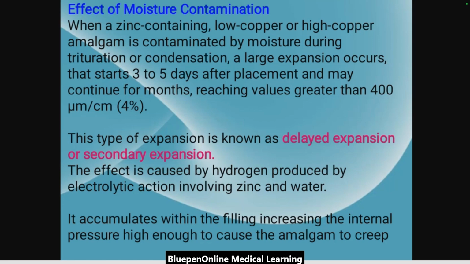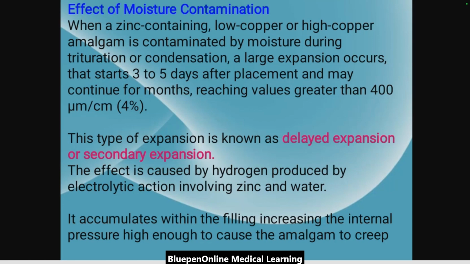So this hydrogen that is formed accumulates within the filling, increasing the internal pressure high enough to cause amalgam to creep. So other than pain, the next thing that can happen because of moisture contamination is creep. We are going to study this later in the next slide about creep. It is basically a dimensional change which leads to fracture of the restoration over a period of time.